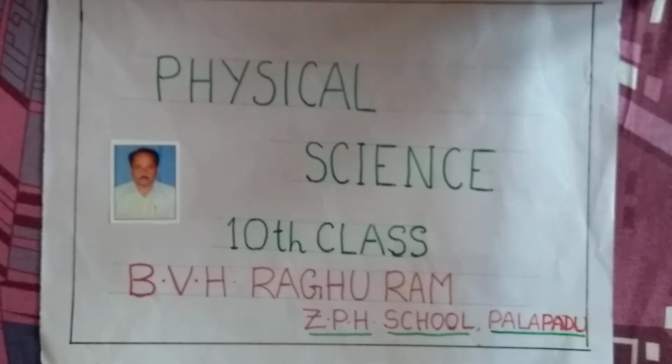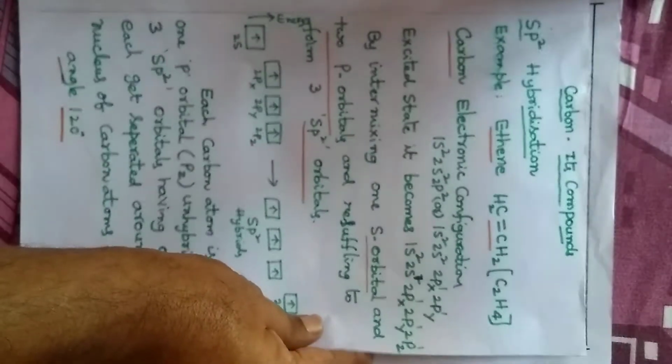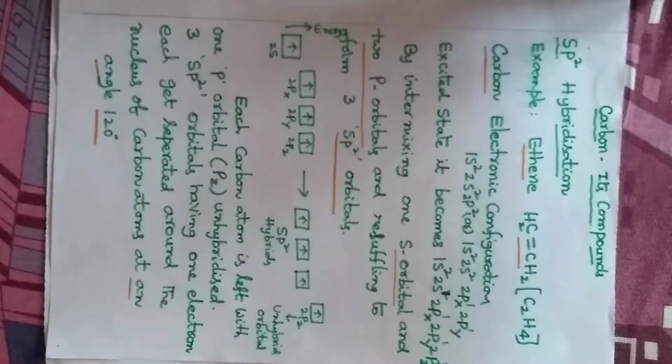Now, what is sp2 hybridization? See this sp2 hybridization. The bond formed by sp2 hybridization is in ethene, that is CH2 double bond CH2. First of all, you know the electronic configuration of carbon is 1s2, 2s2, 2p2.